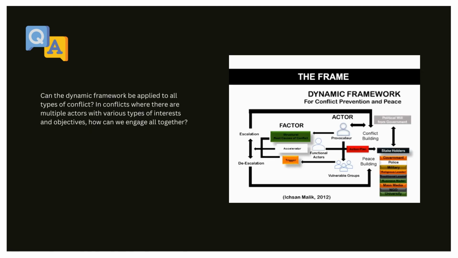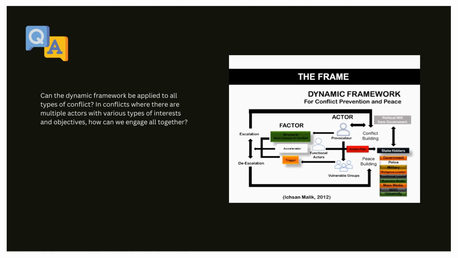As far as my experience goes, I implemented this framework for land conflict, agrarian conflict, and political party conflict. I think you are able to apply this framework to all kinds of conflict.